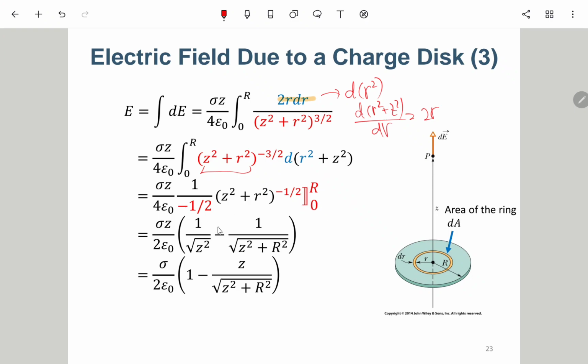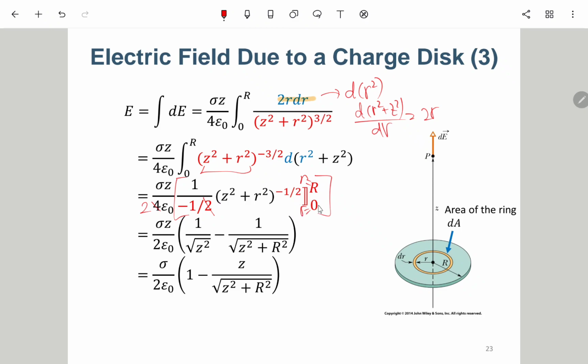We can cancel this 2 with this 4 down to a 2, so in the front we have sigma z over 2 epsilon naught. Then we evaluate this thing. This negative sign already swaps the order here. So we plug in r equals 0 and r equals capital R into this function, and then subtract them.